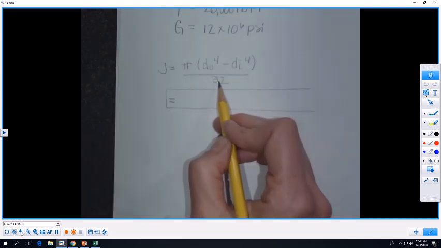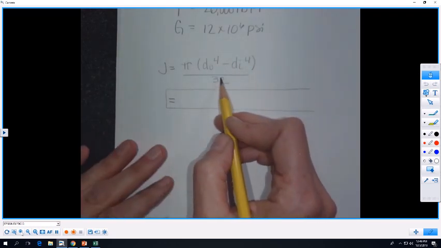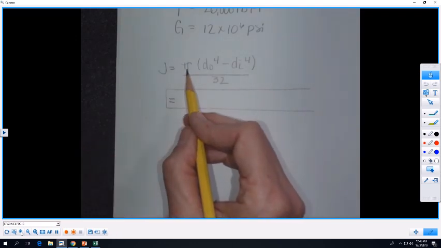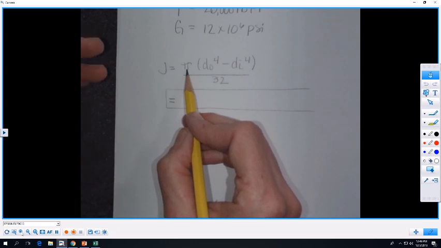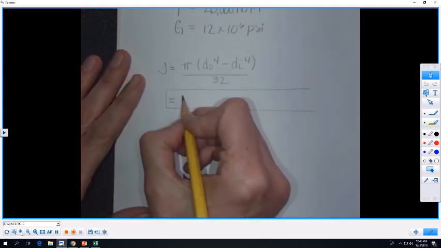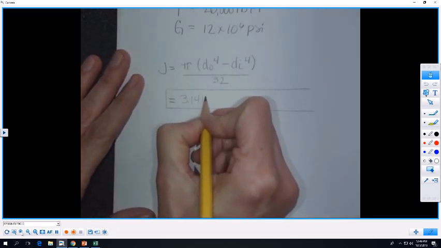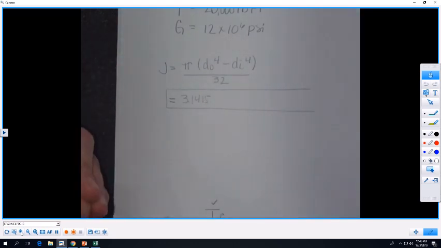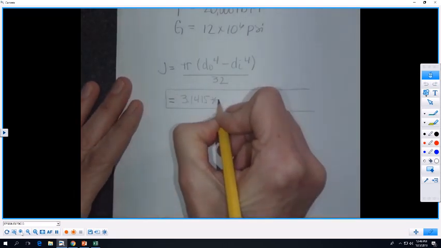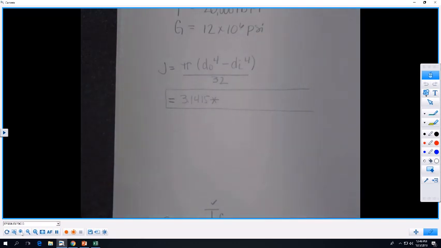I'm going to put pi in place. You can use the function pi, but I find it easier to write 3.1415 as the value for pi. Then I need a multiplication sign, which is an asterisk.